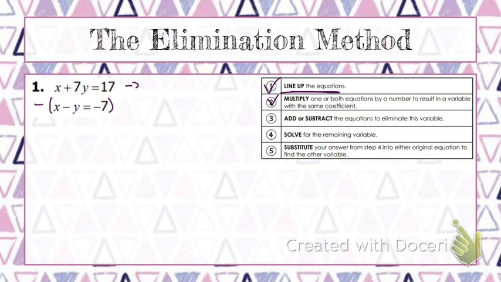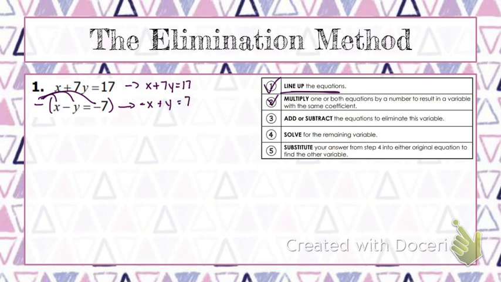So this equation will stay the same, but this equation is going to become negative x plus y equals positive 7. I guess you don't have to write the positive.